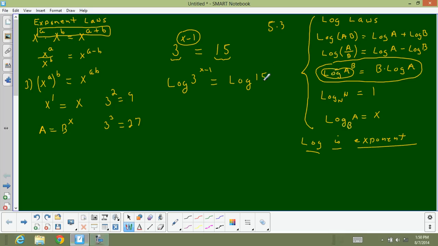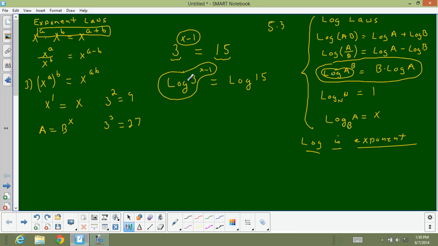And we've got log of 3 to the x minus 1 power equals log 15. Now, on the left, you have a log law in place. You've got the log of a to the b power. This log law that we put this oval around earlier. That's what I'm seeing.